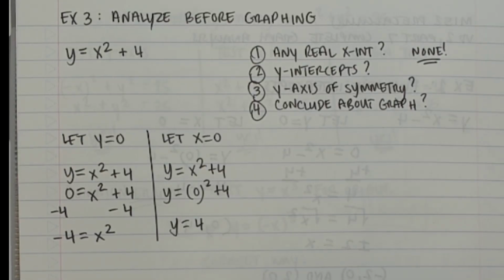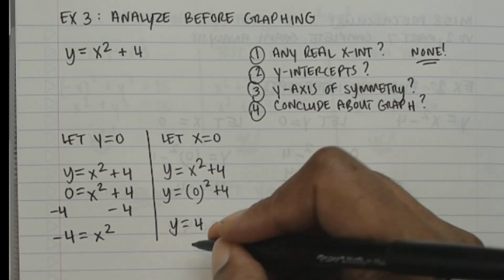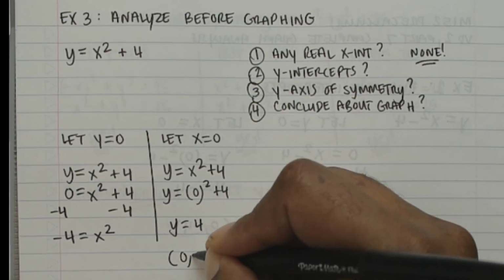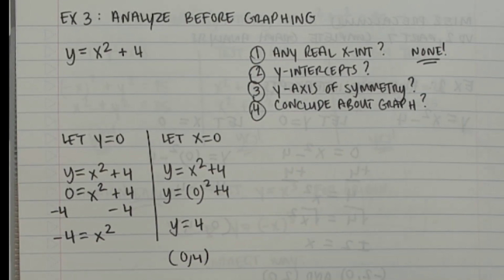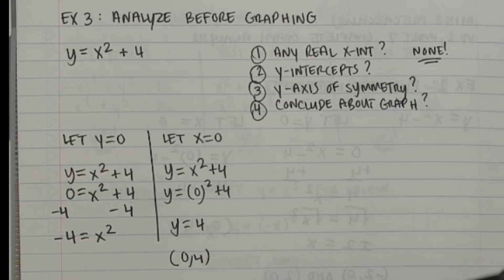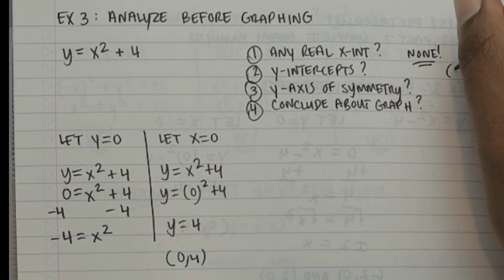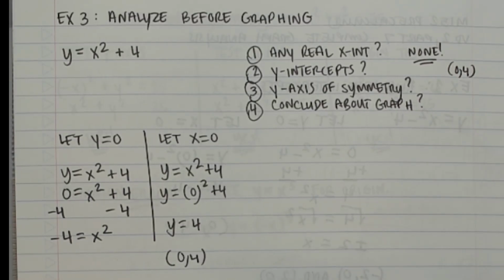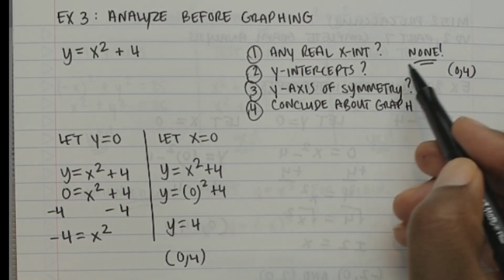So y equals 4, therefore the y-intercept is 0, 4. Now, we know that the answer to this question is here. So we have 0, 4 as the response to this question.